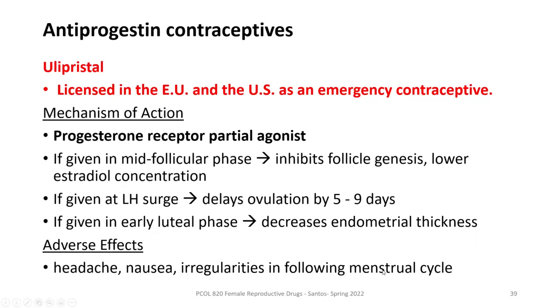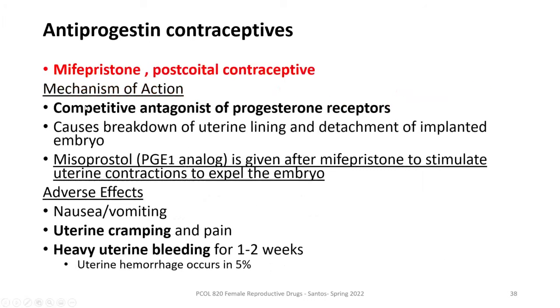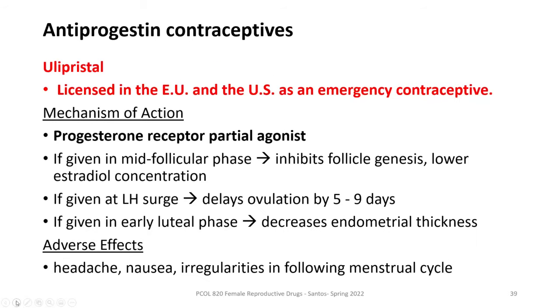Another anti-progestin contraceptive is ulipristal, which has been licensed in the United States and the European Union as an emergency contraceptive. It is a partial agonist of the progesterone receptor, as opposed to mifepristone, which is a competitive antagonist. By being a partial agonist, it has different effects if given in different phases of the menstrual cycle.